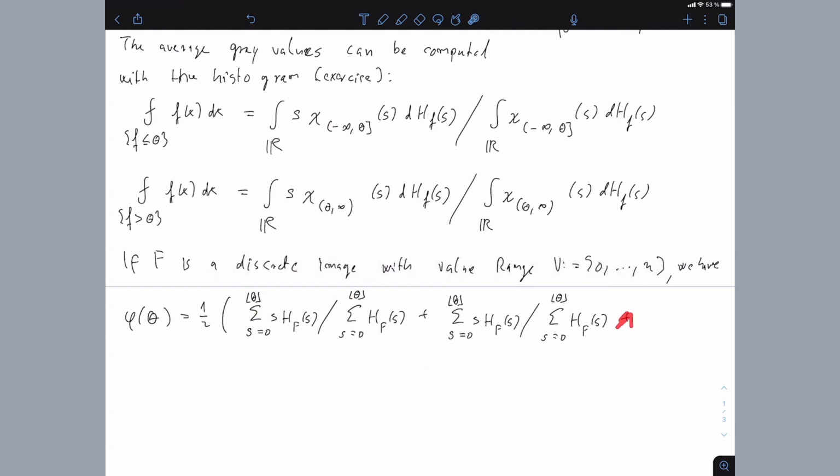So I just need to change from where to where we are summing. Yeah, so we stopped at floor theta. So that means to get all the remaining gray values, we resume at floor theta plus 1 and go to the end of the value range.